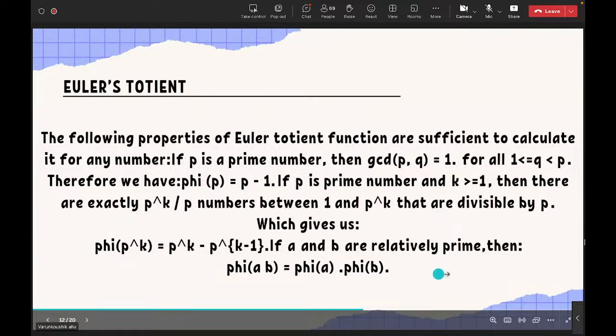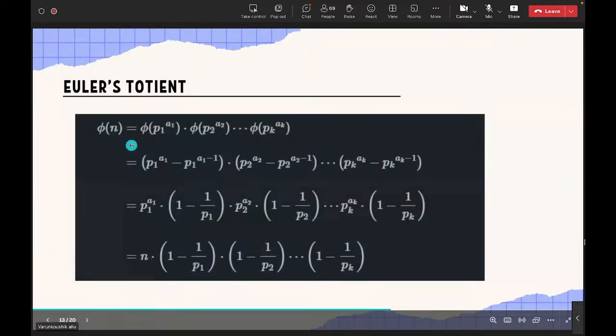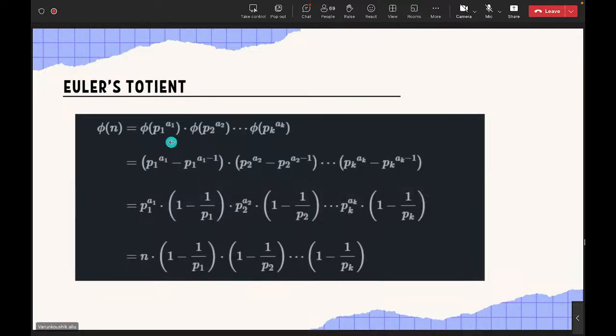Okay, these two results will make the whole base of phi of n. Let's see how. Let's say n is written as its factorization, p1 power a1 into p2 power a2 and so on until pk power ak, which is the basic factorization you all have studied in 9th or 10th. So what will be phi of p1 power a1?